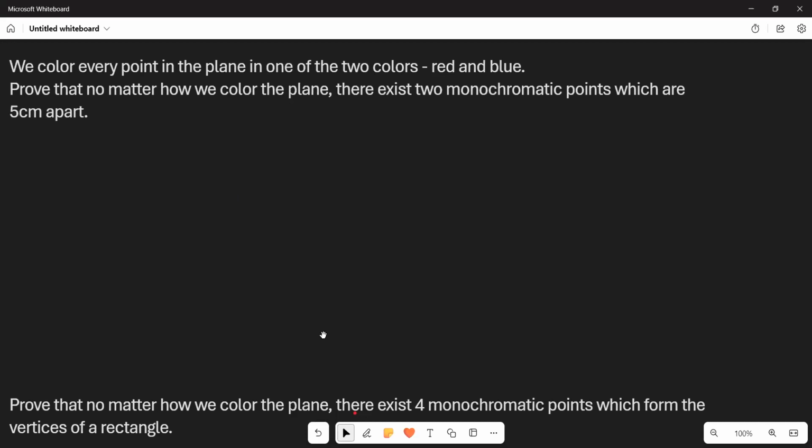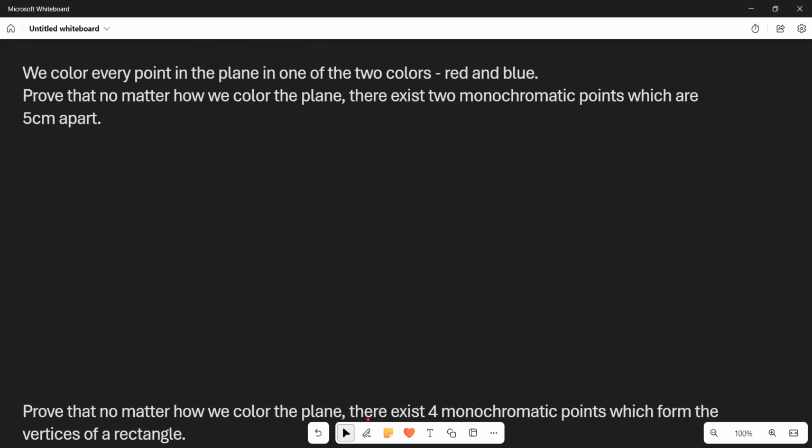Let's say there is some coloring in which any 2 points 5 centimeters apart are always of different colors. If I take this point, say it's red, then another point 5 centimeters away has to be blue. Another point 5 centimeters away from that has to be red.